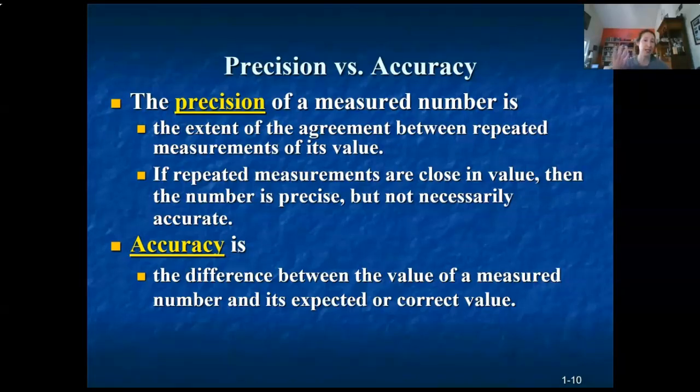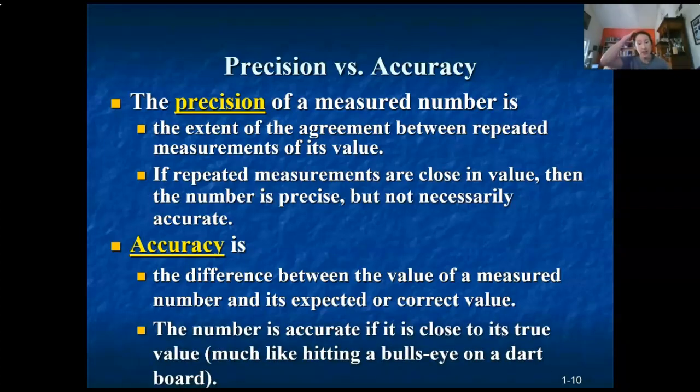So you were precise because you kept getting the same answer, but you were not accurate because it wasn't the correct answer, right? Accuracy is how close it is to the correct, true, or accepted value. So how close you are to actually being correct. So precision is how many times you get the same answer again and again, versus accuracy is how close you are to the correct or true answer.